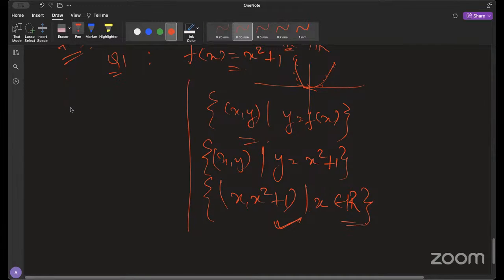Have you been given questions and functions where the inverse cannot be calculated using this? I don't have any particular one right now, but yes, I have seen many. There are many where it's not possible to write x in terms of y explicitly.